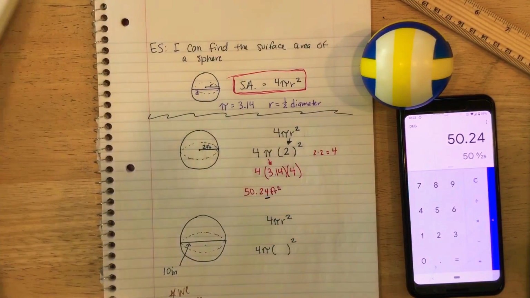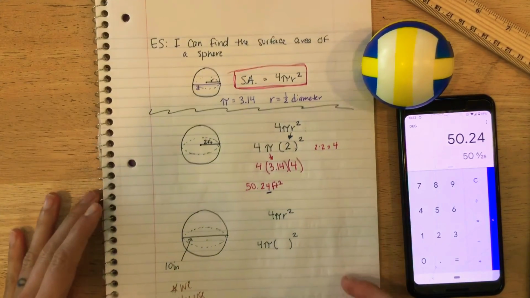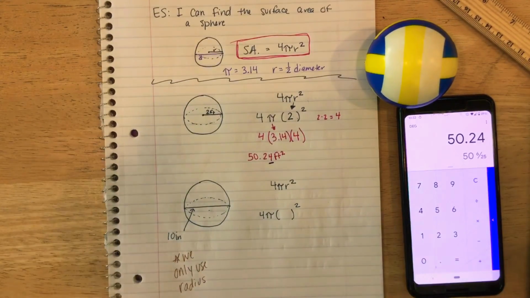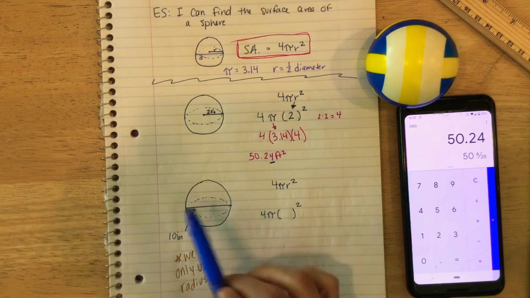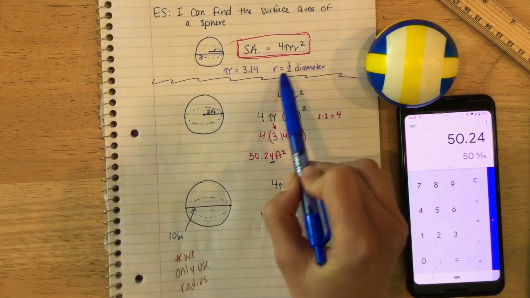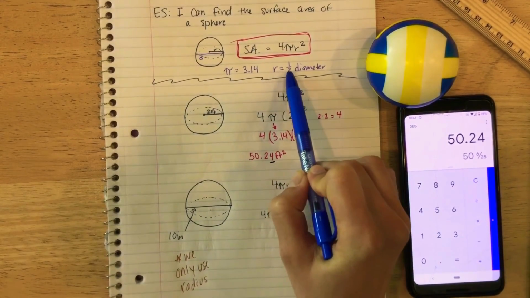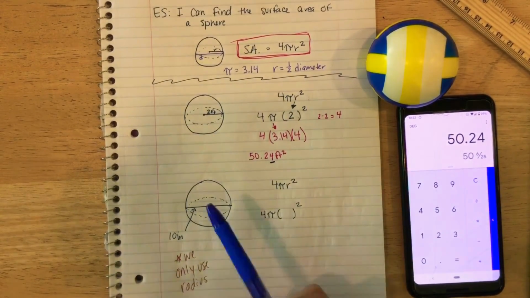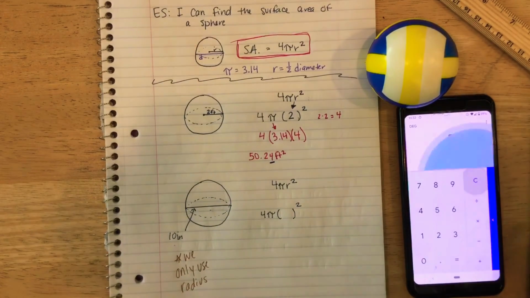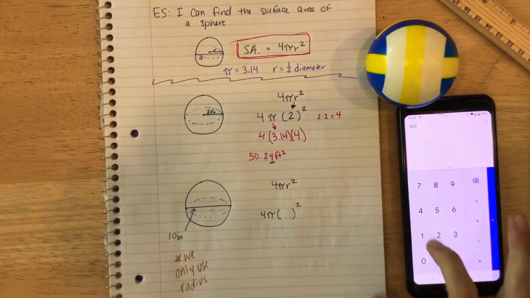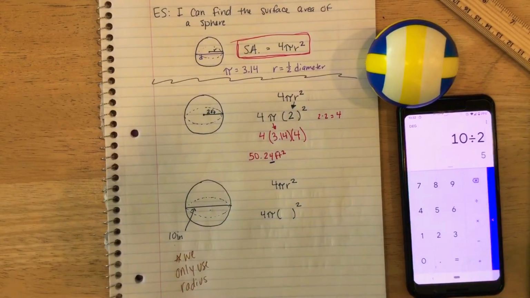Okay, one last example. It's kind of like what we did yesterday. You're given the diameter, you need the radius, and radius is half of the diameter. So half of 10. What is half of 10? If you don't know, you can do 10 divided by 2, that gives you 5, but you should know that.